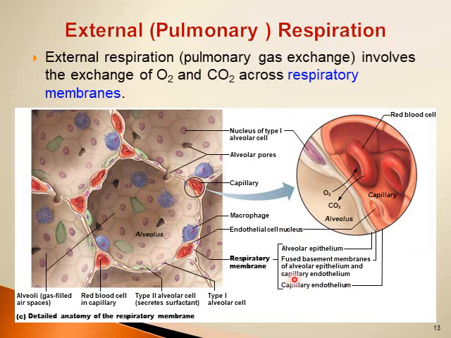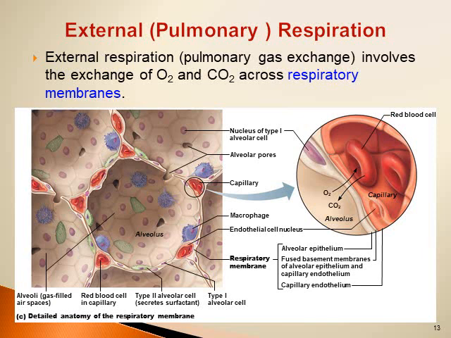The third layer is the capillary epithelium, which we call the endothelium. As I said, oxygen and carbon dioxide can cross the phospholipid bilayer at high speed. So if this respiratory membrane is thin enough, oxygen and carbon dioxide exchange will be very efficient.